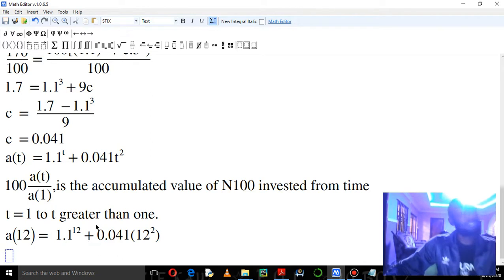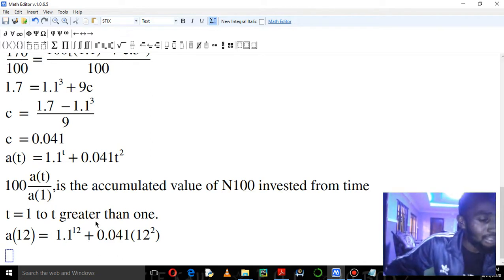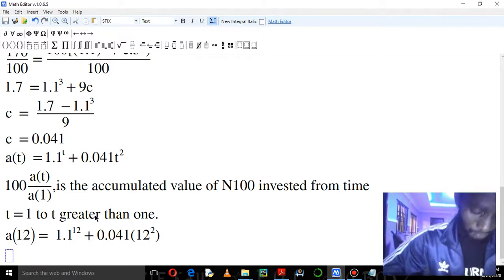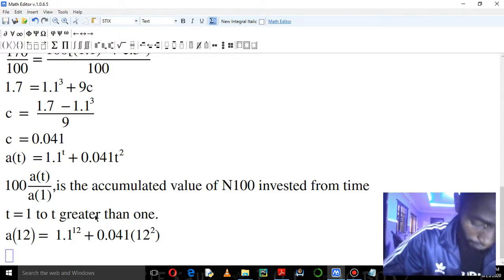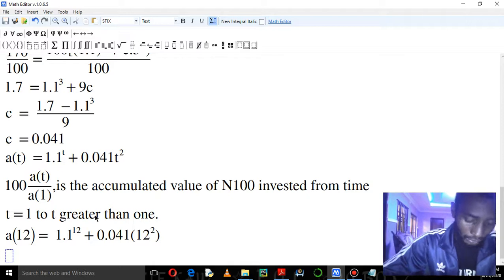Now if you use your calculator, let me use my own calculator also: 1.1 raised to power 12 plus 0.041 times 12 squared.